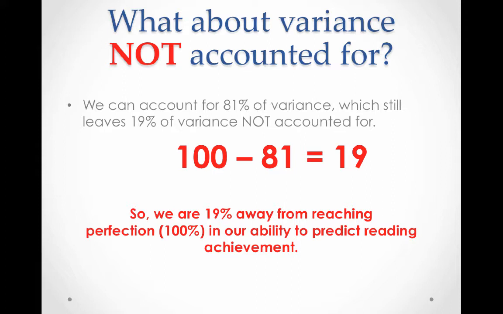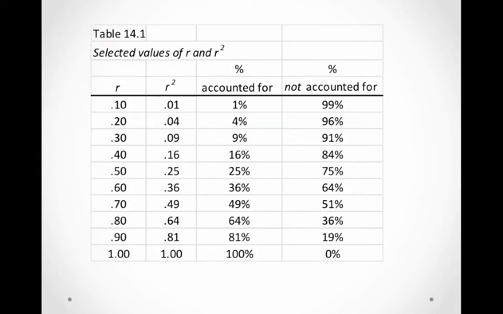We still cannot say with 100% certainty that if you score this on verbal, you're going to score this on reading. So across the board: the R we used is 0.9, R squared is 0.81, percent accounted for is 81%, and percent not accounted for is 19%.